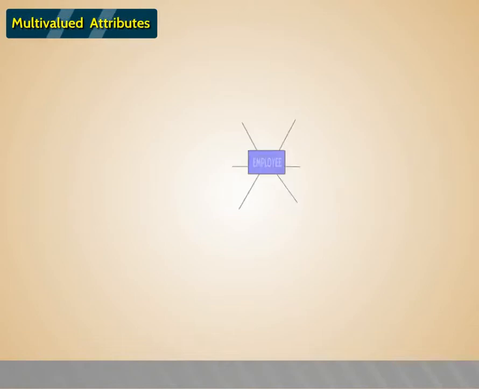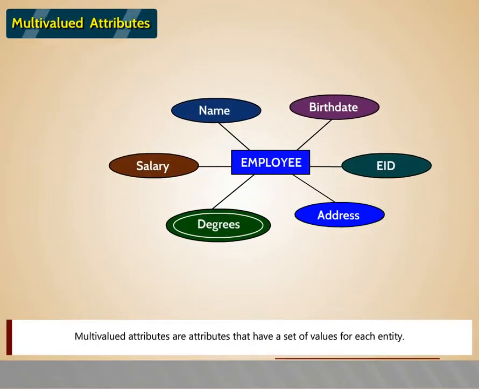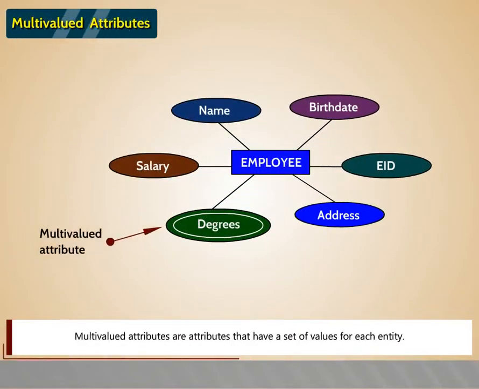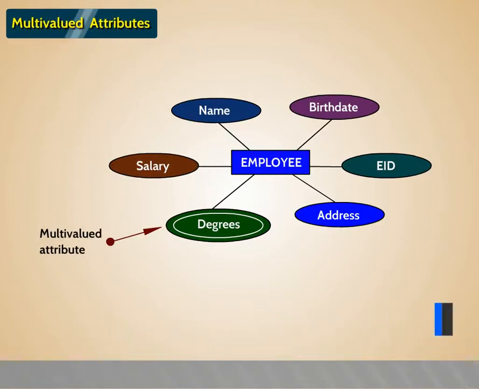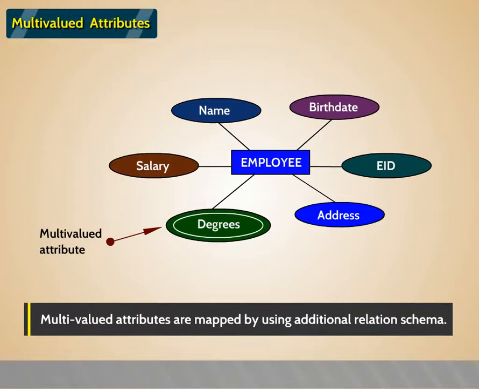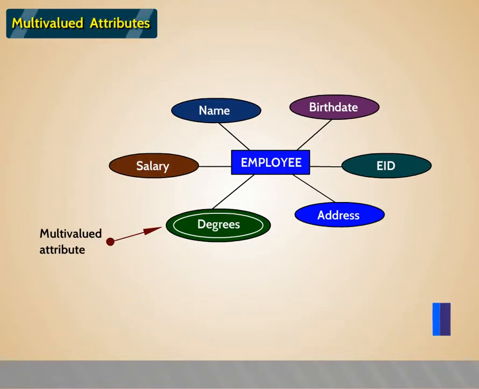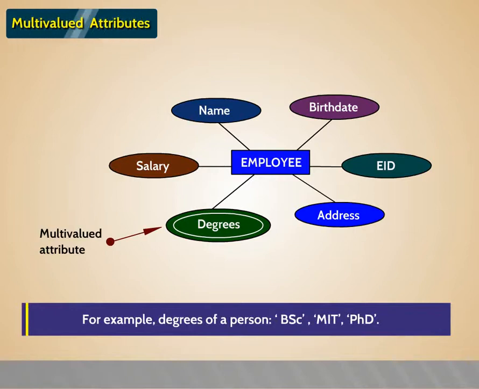Multivalued attributes. Multivalued attributes are attributes that have a set of values for each entity. Multivalued attributes are mapped by using an additional relation schema. For example, degrees of a person: BSc, MIT, PhD.